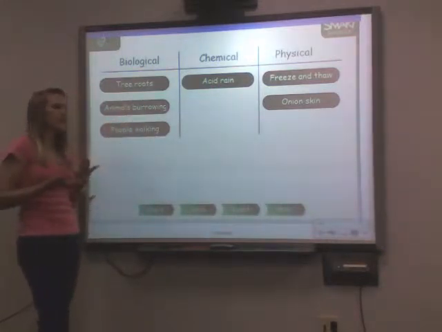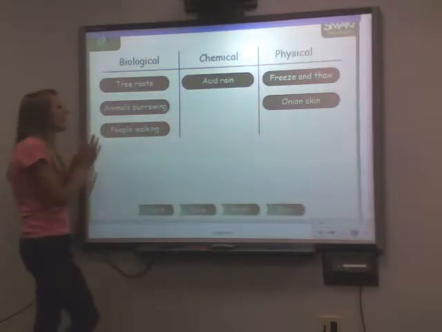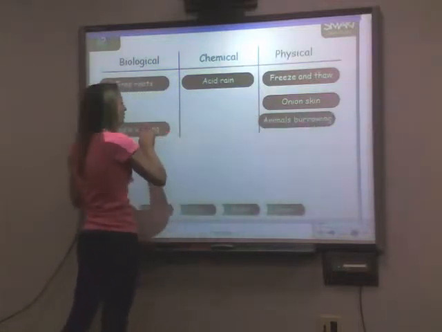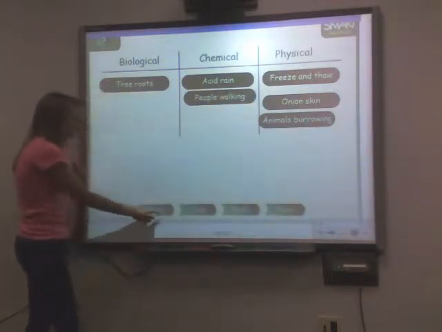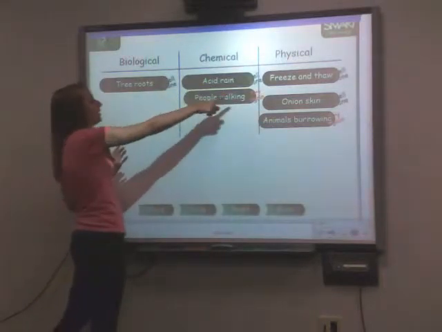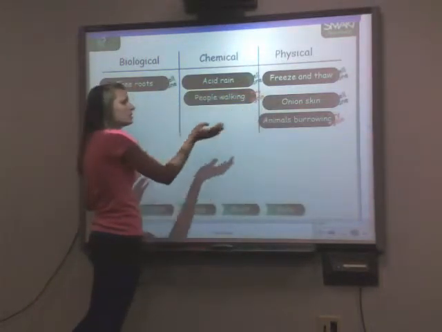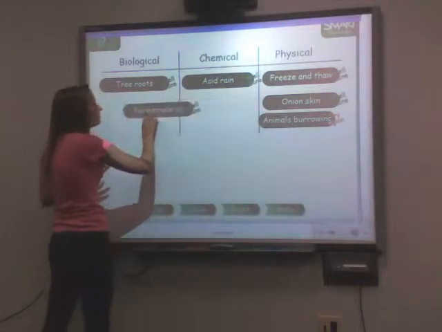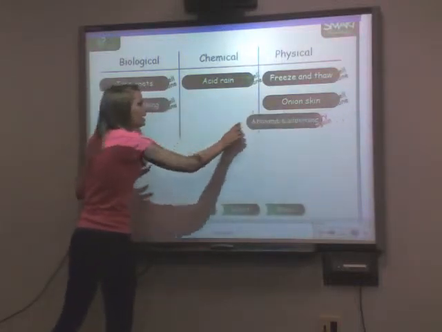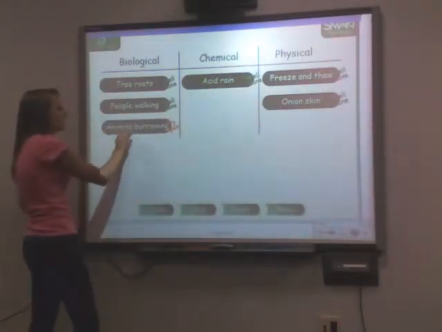Or if the teacher has time, she can have students come up and sort them where they think they should go, and then she can press check, and it'll tell you if they're right or wrong. Students can come back up and sort them to where they think they'll go, and it'll automatically correct as they put it in the right category.